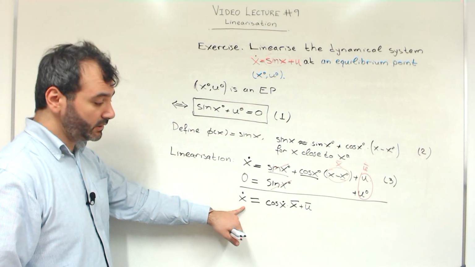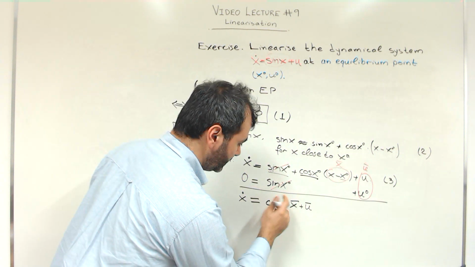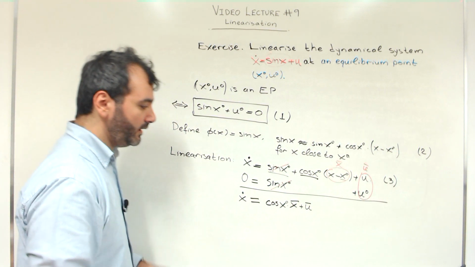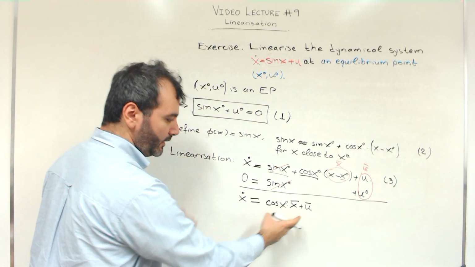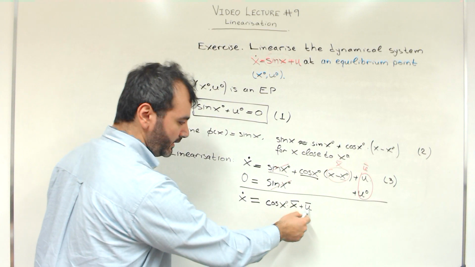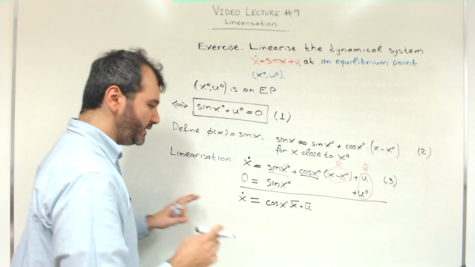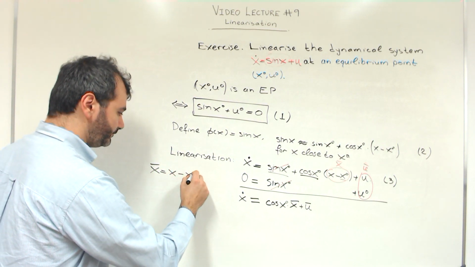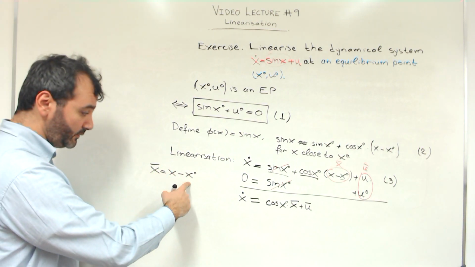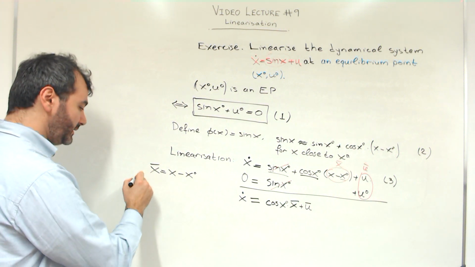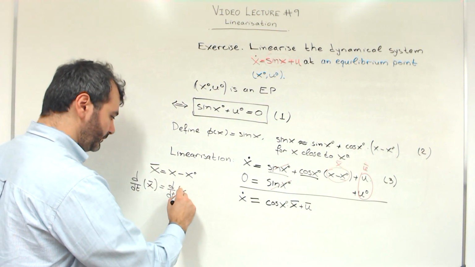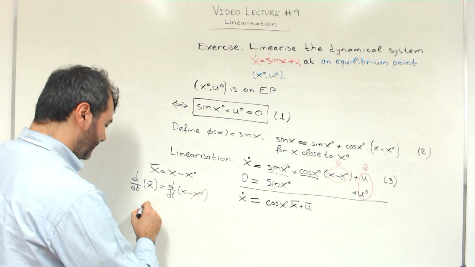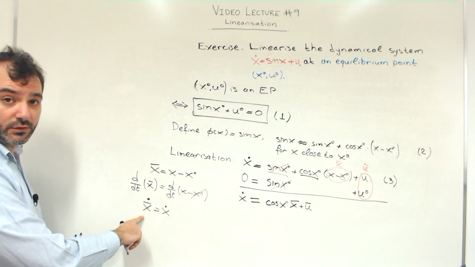So it is x dot is equal to cosine x0 times x bar plus u bar. Now this is a dynamical system with variables x, x bar, and u bar, but we mentioned before that because of the definition, x bar is x minus x0, if I differentiate both sides, this is a constant term over here, and I have x bar dot is x dot.